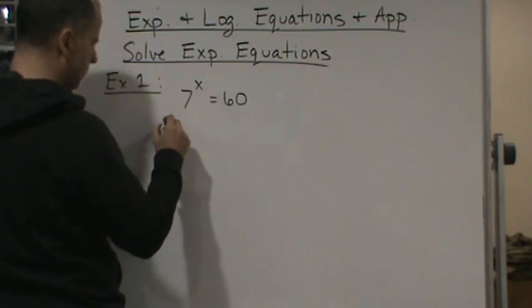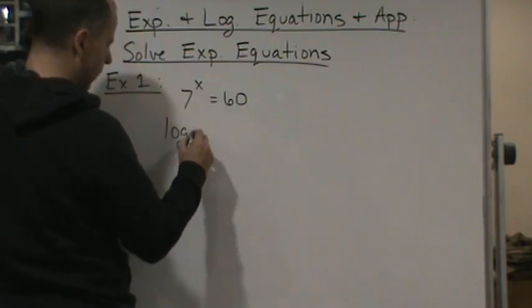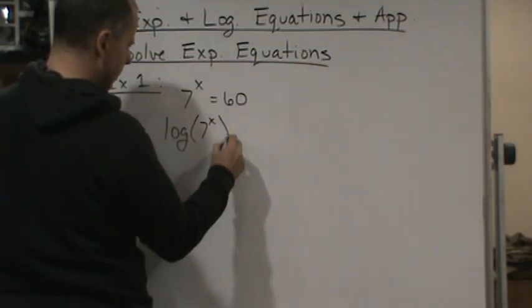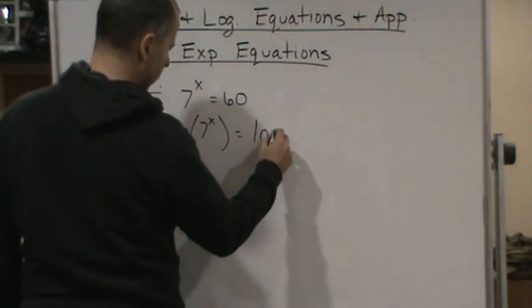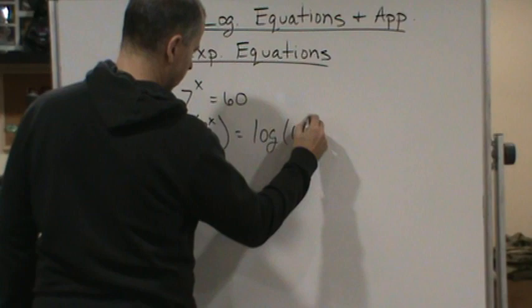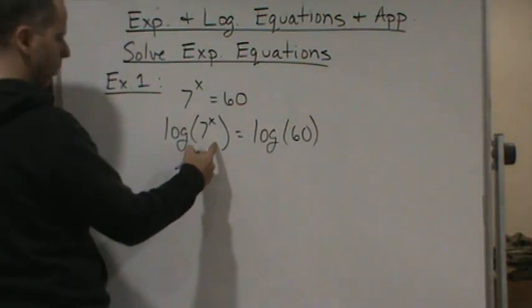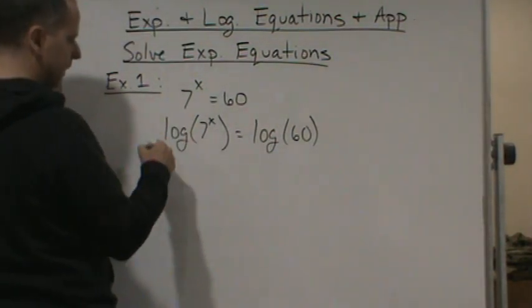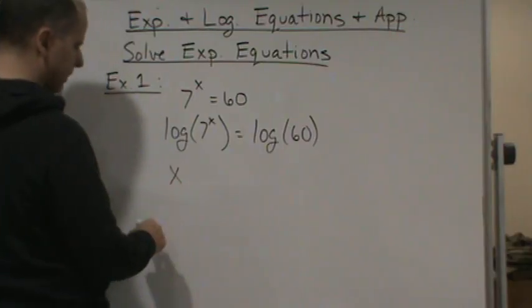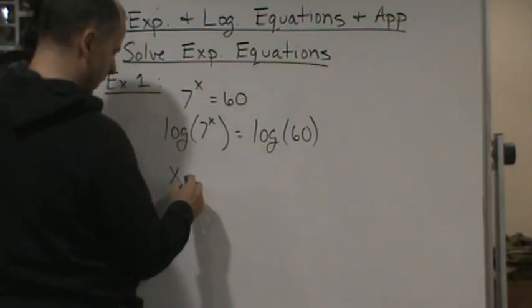So let's do that. We'll take log of 7 to the x equals log of 60, okay? Now we're going to use the power property. We're going to pull out the exponent and write x in front. So now we can solve for x. That's why we do this.